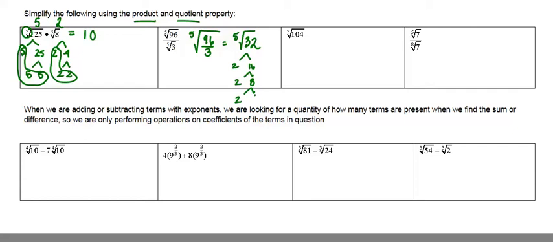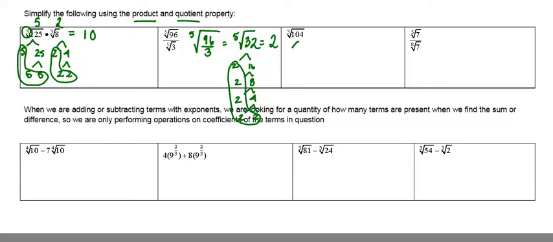I'm going to say 2 and 16, 2 and 8, 2 and 4, and then 2 and 2. Sorry that went out of the box a little bit, but I see that I have 1, 2, 3, 4, 5 2's. So I know that I can simplify the fifth root of 32 as 2. Okay, which tells me that the fifth root of 96 divided by the fifth root of 3 gives me 2.